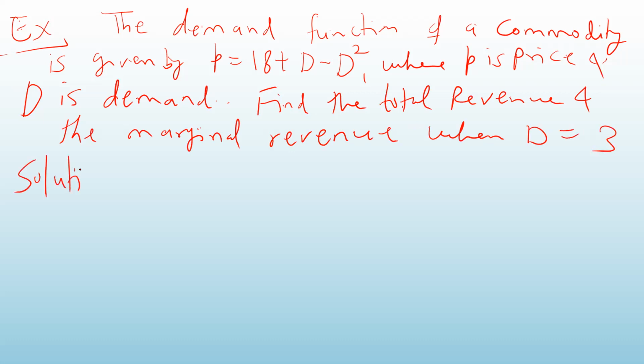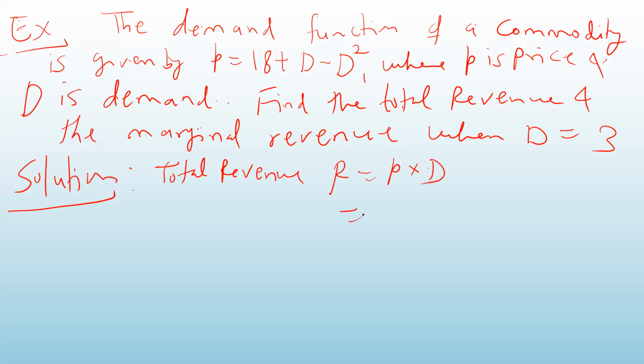Okay. So you are only given the demand function. This is the demand function given to you. You have to first find out the total revenue and then find out the marginal revenue. So you know what is total revenue. Total revenue R is price into demand, P into D. P is given to you already in here. P is what?